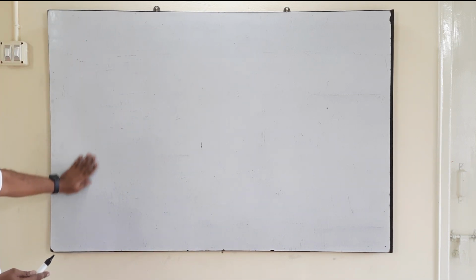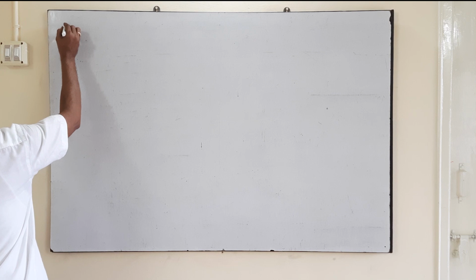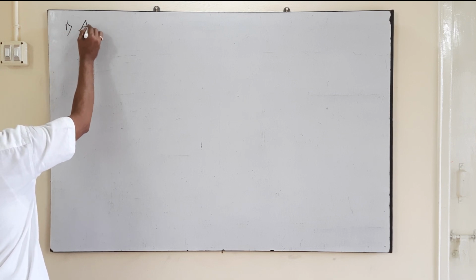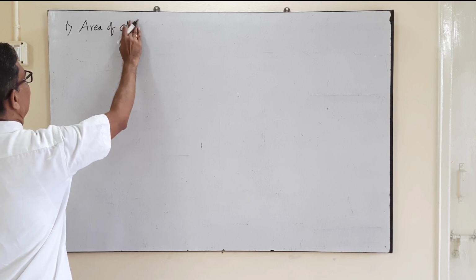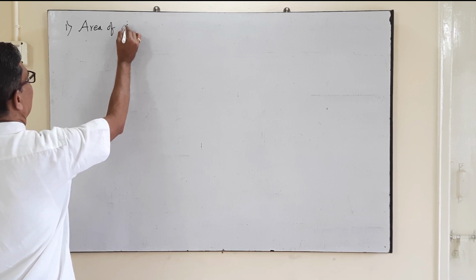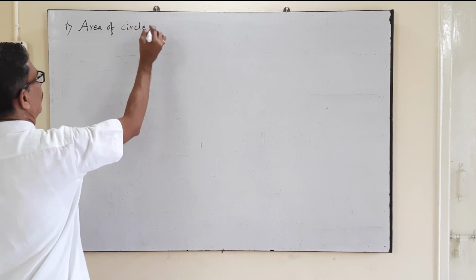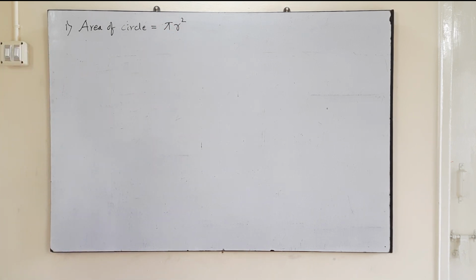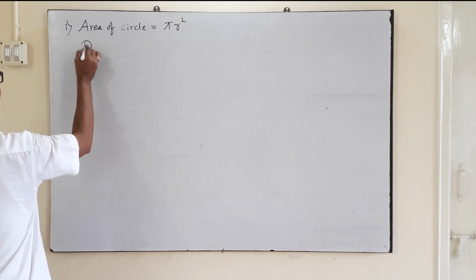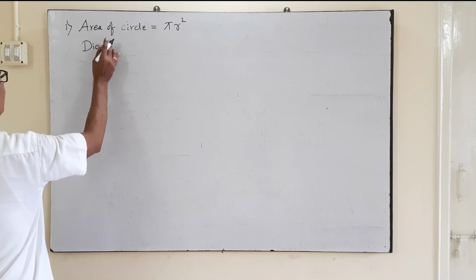Yes, next concept is solid shapes. ಇದನ್ನು ಕೂಡ ನೀವು ಸ್ಟಡಿ ಮಾಡಿದಾರಾ? So first one is solid shape. What is the formula for area of circle? Remember what is the formula? Pi r square. R is the radius. What is the diameter of circle?